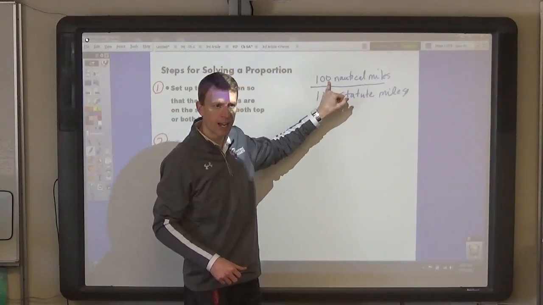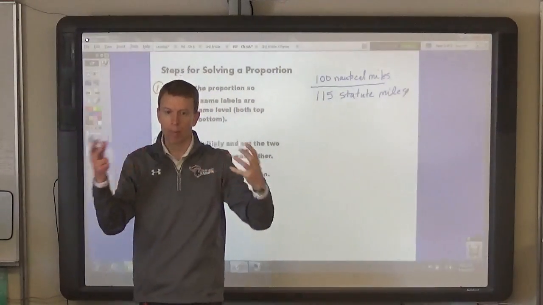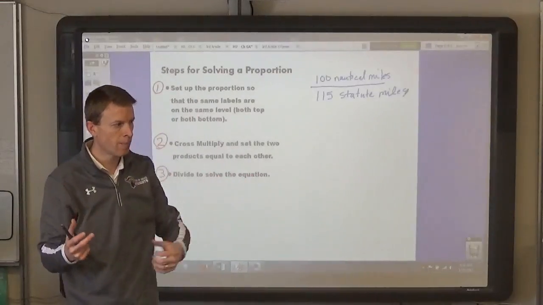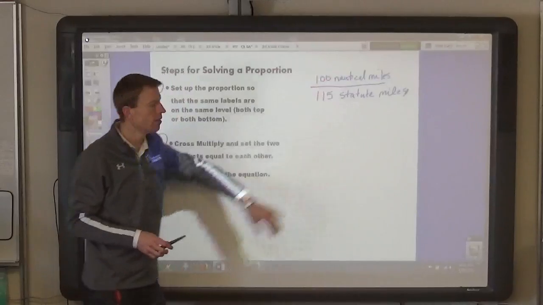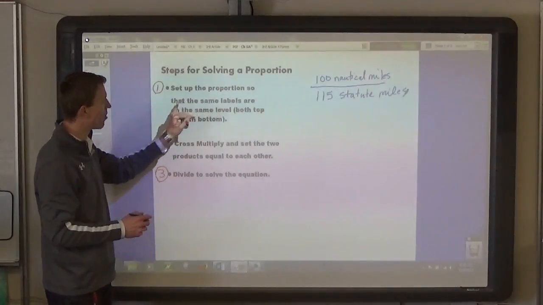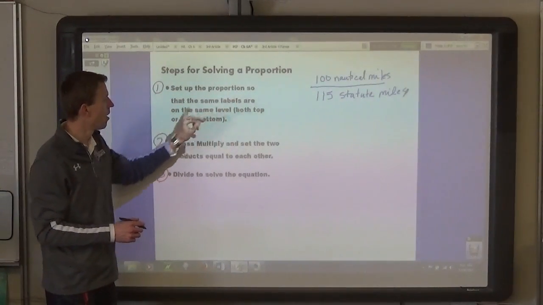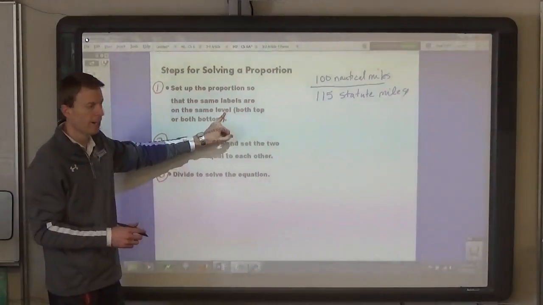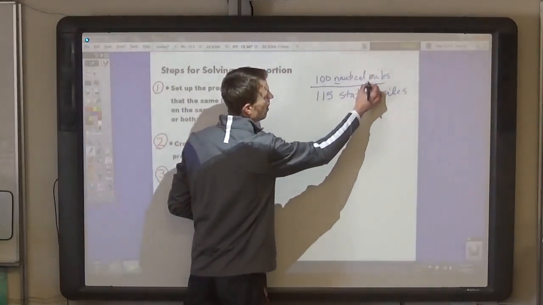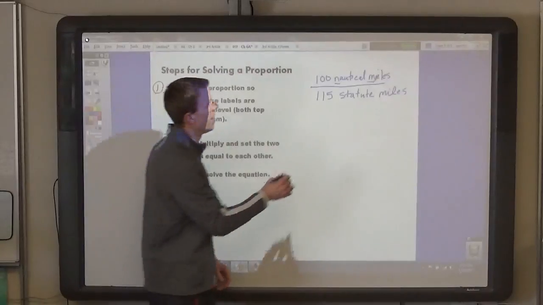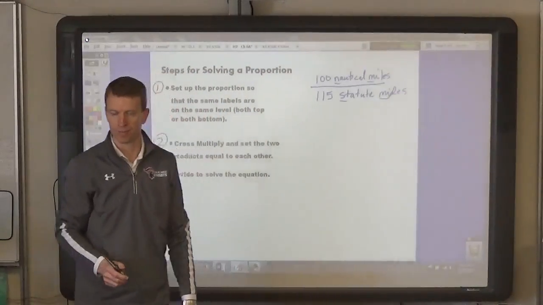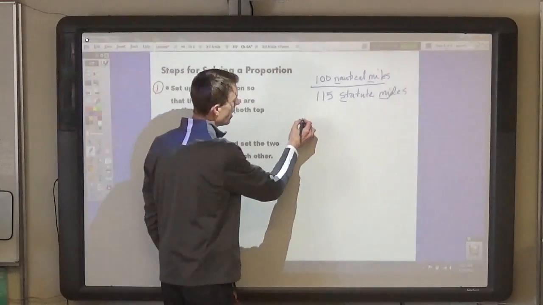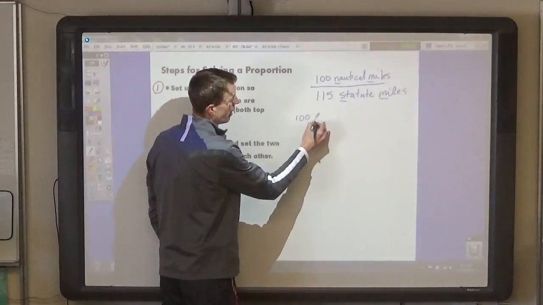We can set up a proportion with those 3 numbers. Here's how to do it. You use the ratio that's given and set up the proportion so that the same labels are on the same level. Let's use NM for nautical miles and SM for standard or statute miles. And let's write it this way.